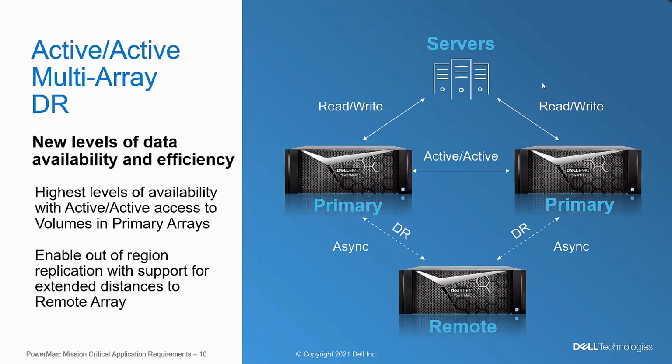When we talk about availability, we're being asked to support the highest levels of data availability with an eye on efficiency these days. And this is where active components are absolutely necessary. In the picture on the right, the top part of this depicts an active solution where replicas in both primary arrays are available for read-write access at all times.